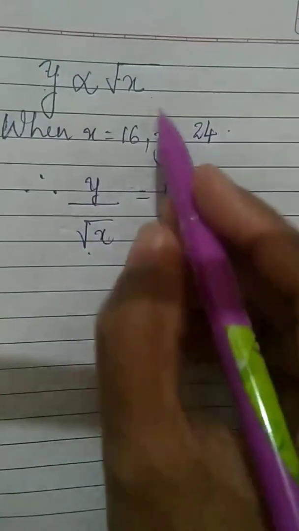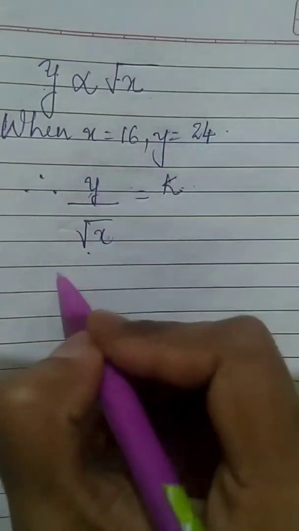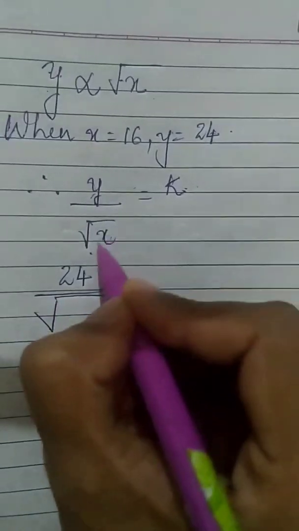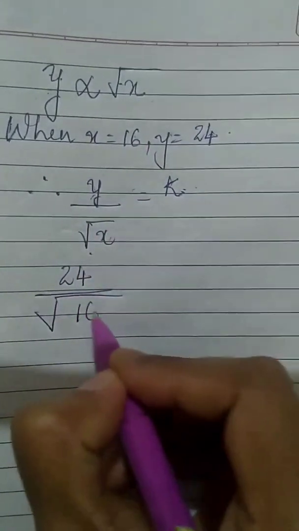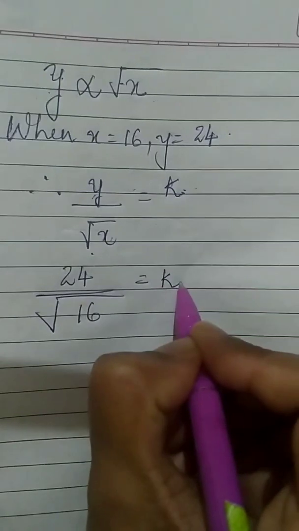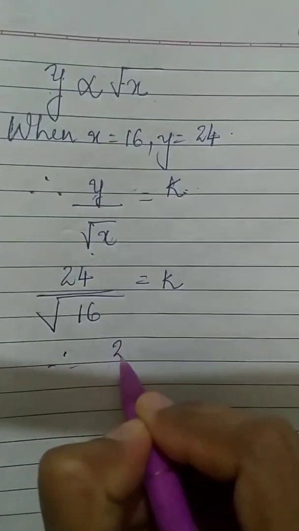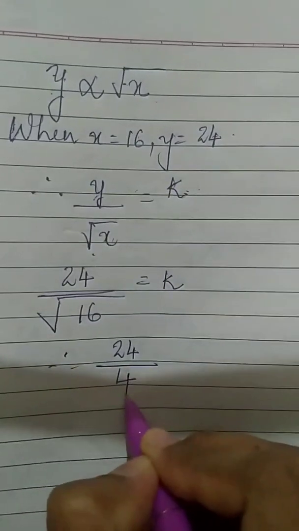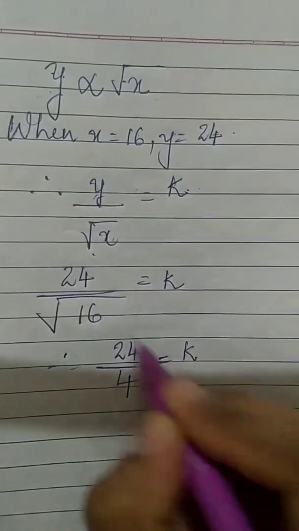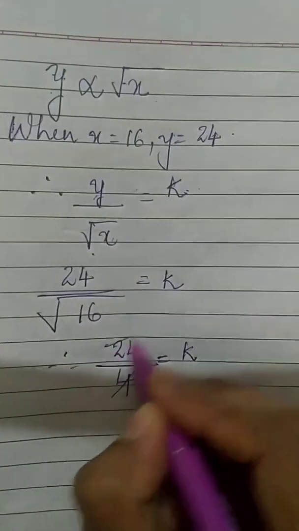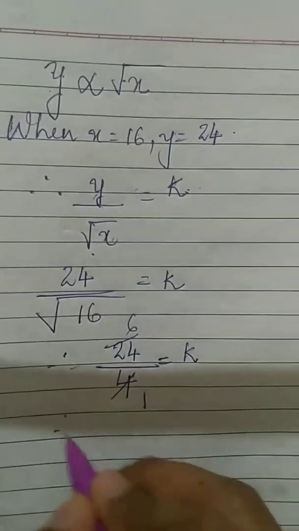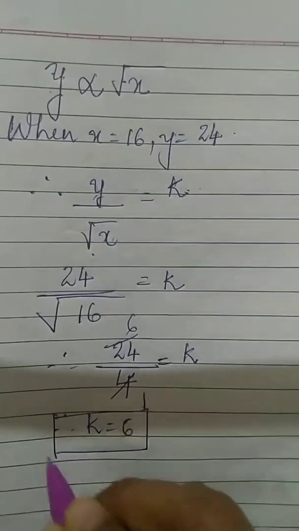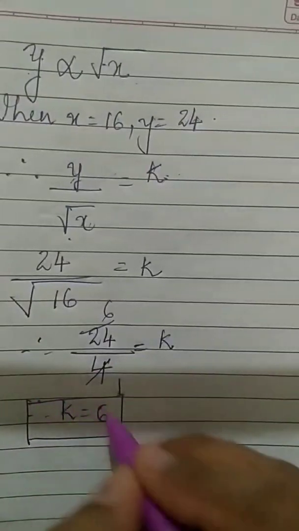Now substitute, how much is y? y is 24 upon square root of, how much is x? 16 is equal to k. So 24 upon, how much is square root of 16? 4 is equal to k. Can you divide? 4 sixes are 24. So how much did you get k? k you got as 6. So the constant of variation is 6.